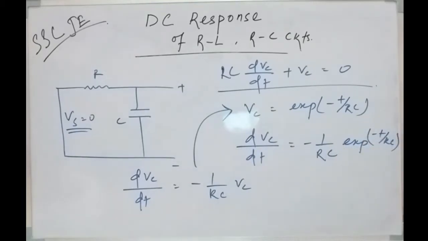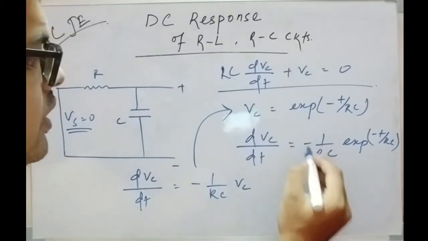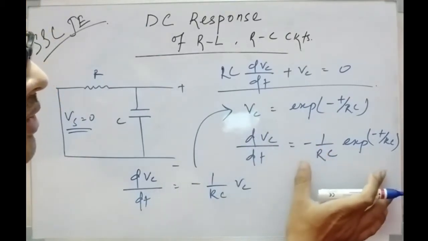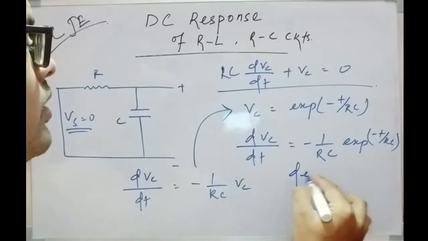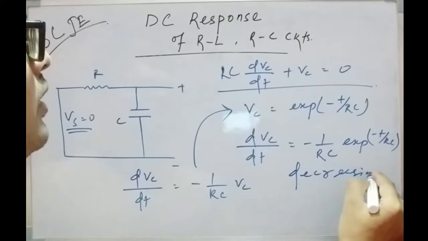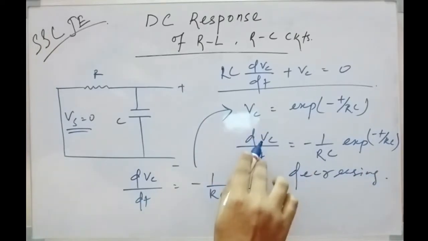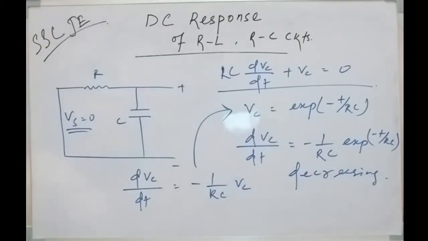So clearly you can see that this is a decreasing equation, because the differential equation has a negative sign. That means the rate of change of capacitive voltage is decreasing. That means it is discharging, right?